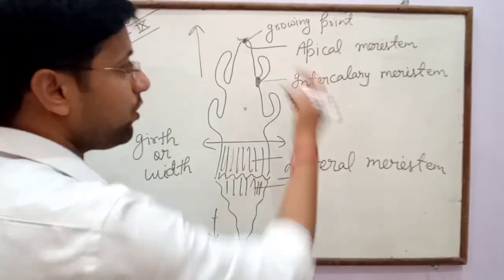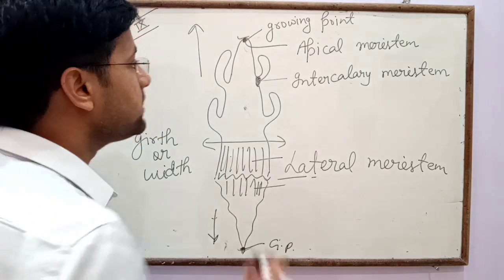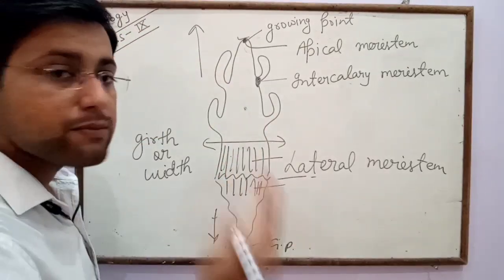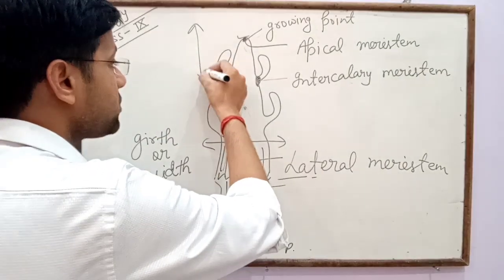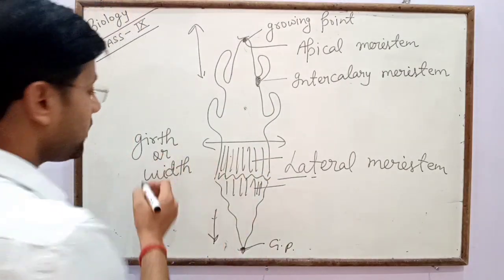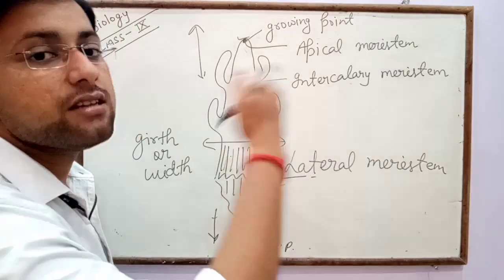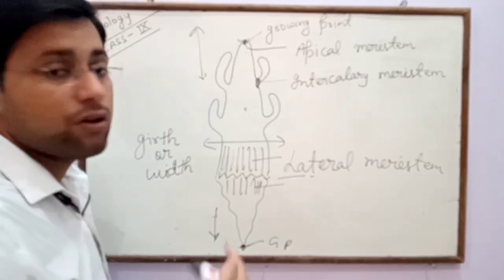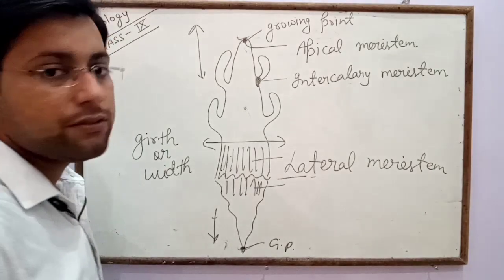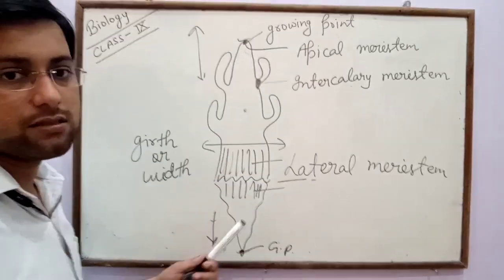In all these meristematic tissues cell division occurs, and due to cell division they help in the length and thickness of the plant body. So the plant body increases its length and thickness only due to the presence of meristematic tissues. These are the main reasons.